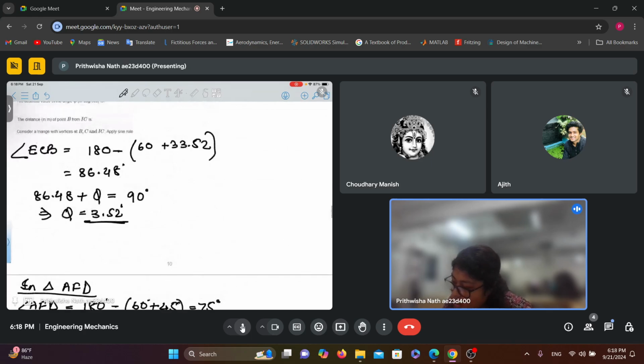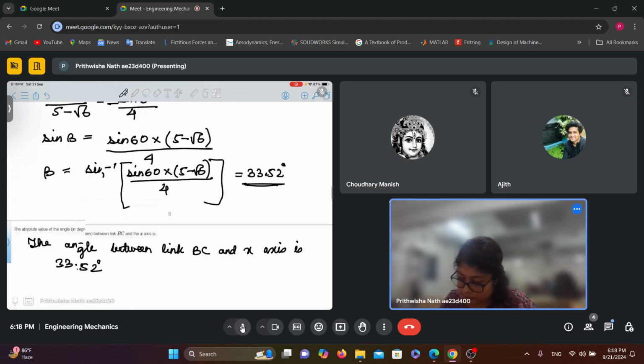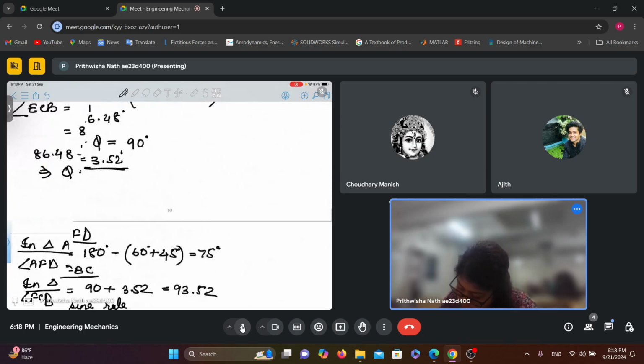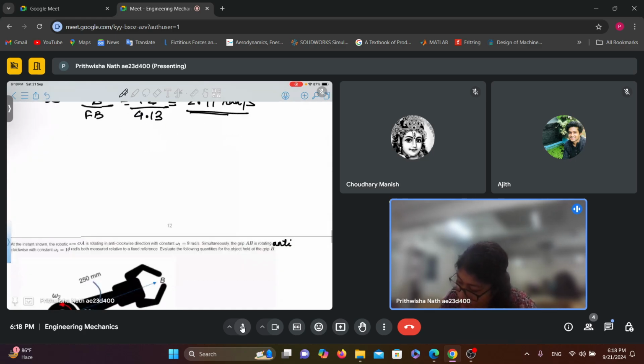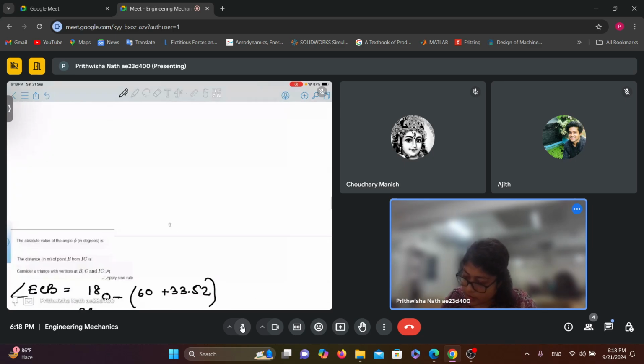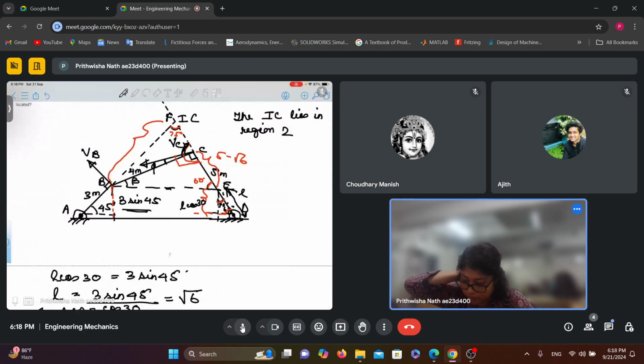Now they have asked the distance of point B from the IC, that is this distance. Now I consider this triangle AFB, this bigger triangle. So I found out that this angle is 75, and then I considered the triangle FBC.